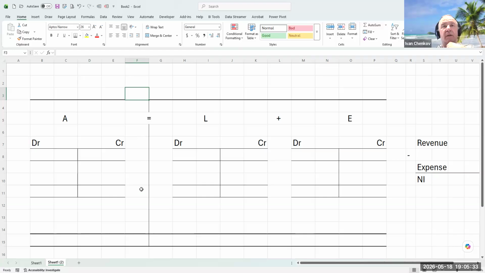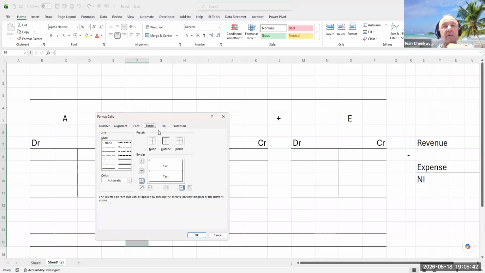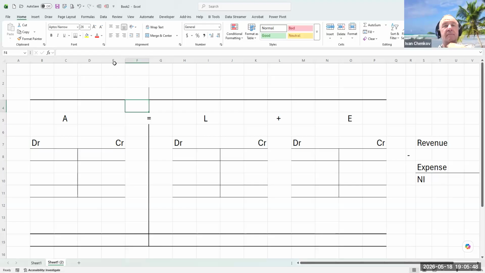So if you want to make this one thicker here, I can go to format cells, borders, and let's get this border point here, and that should do it.